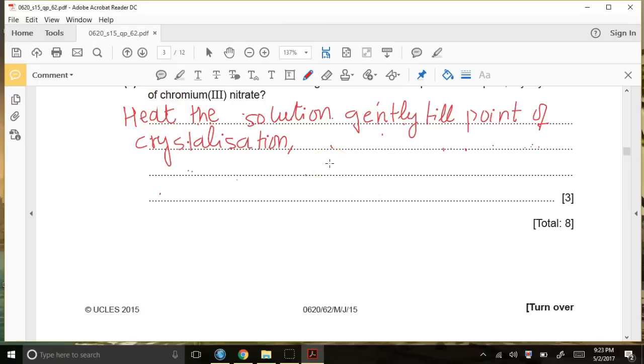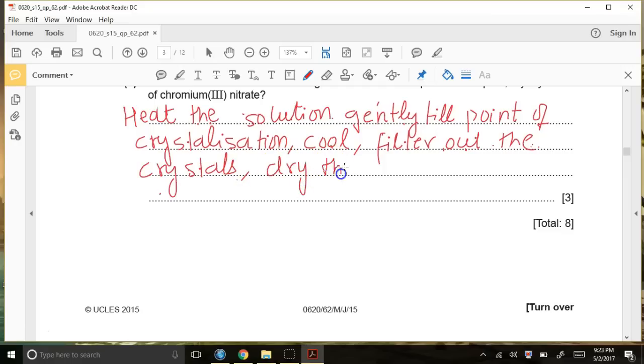But you won't see the crystals at that point of time. So you need to cool the solution down, and then you will see the crystals. So you basically then filter out the crystals, and once you filter out the crystals, you need to dry them between the folds of filter paper.